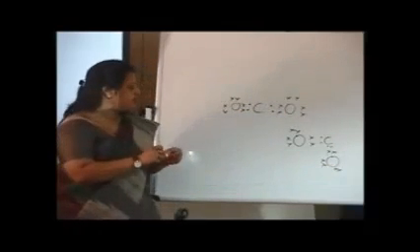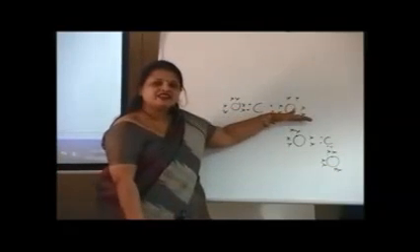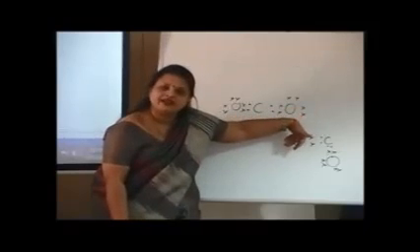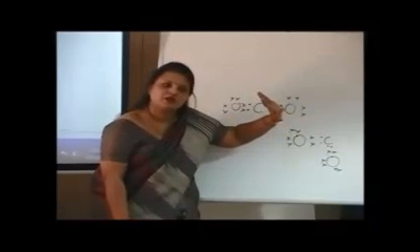Whether I write them in a straight line or at an angle of 70 degrees or 80 degrees or 40 degrees, the octet is complete. It should be immaterial for me.